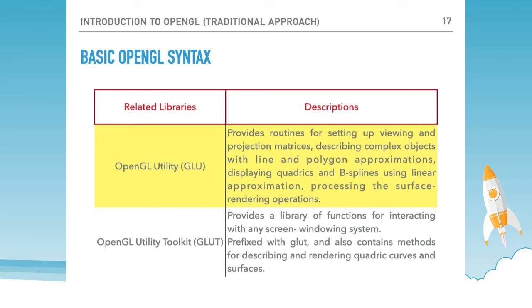However, there are several window system libraries that support OpenGL functions for a variety of machines. The OpenGL Utility Toolkit, GLUT, provides a library of functions for interacting with any screen windowing system. These library functions are prefixed with glut, and this library also contains methods for describing and rendering quadric curves and surfaces.